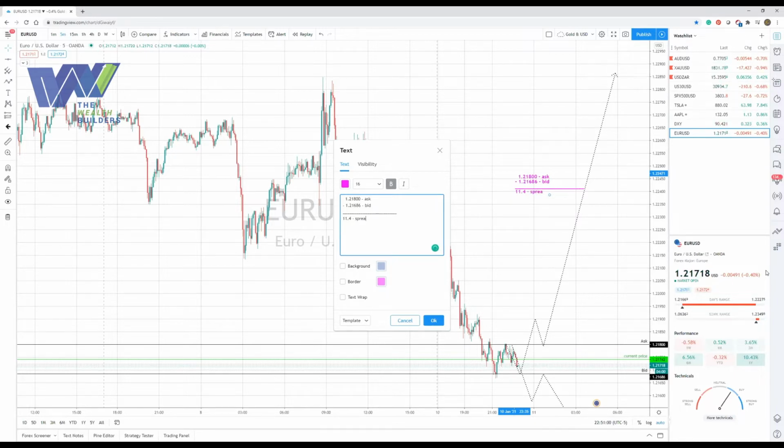That's our spread. The difference between the ask and bid price is 11.4 pip spread. The 11 is the pip, the 0.4 is the pipette.